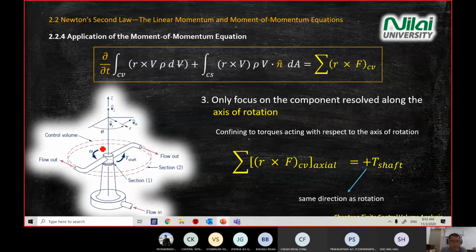We know that our sprinkler, if we have a system like this, the flow will flow out like that, and our sprinkler head will move anti-clockwise, will swing like that. So if our direction is the same as our rotational direction, we have a positive sign for our torque on the left-hand side. R cross F, we get a torque in the axial plane. Then we have a positive torque.